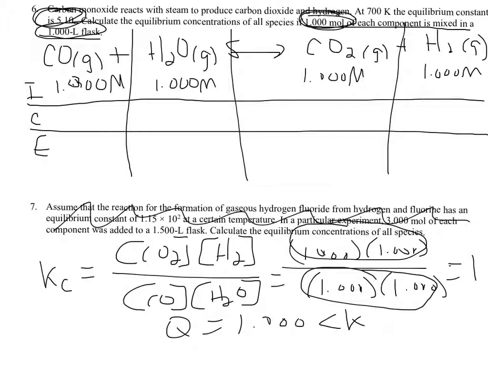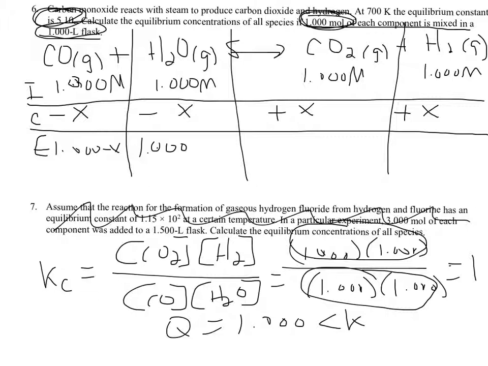So just like we've seen in our other problems, when we are looking at the change, the reactant amounts are going to decrease. Let's say there's some change by some X amount, and these are all coefficients of 1, so these are going to go down by some number of X, and the product concentrations are going to increase by that same value of X, and then we can do our equilibrium amounts.